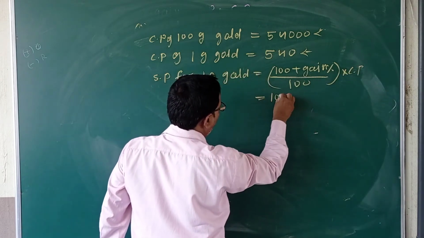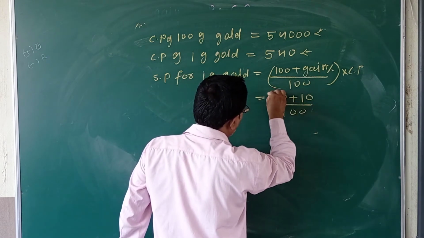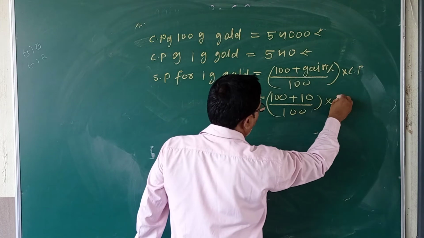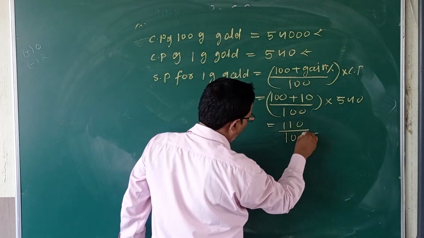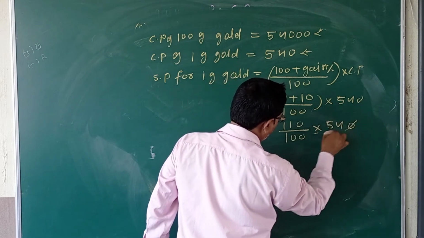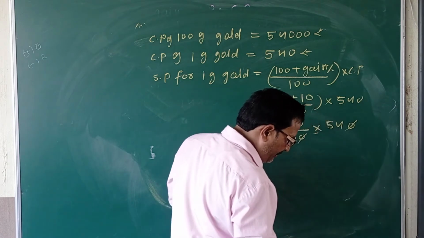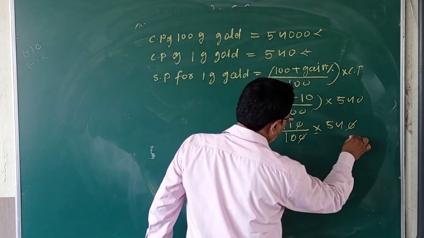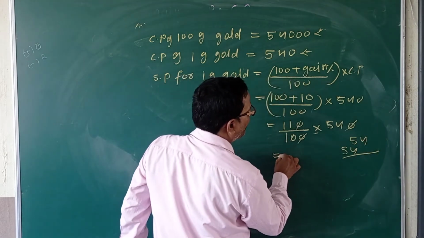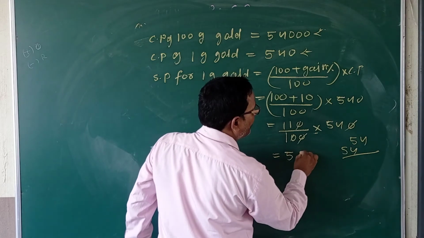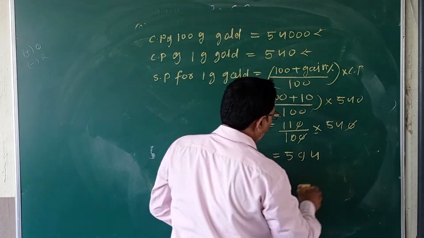Now 100, 10% is given, so 110 upon 100 into CP, which is 540. If you multiply it, it will come to 594 rupees.